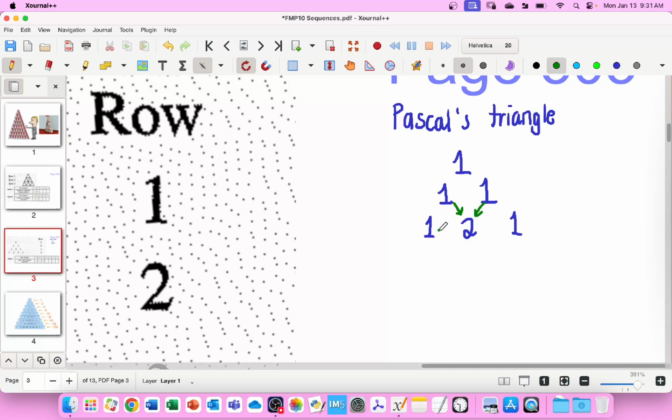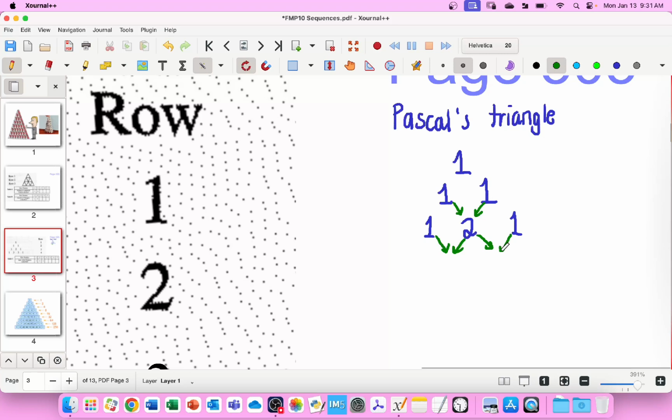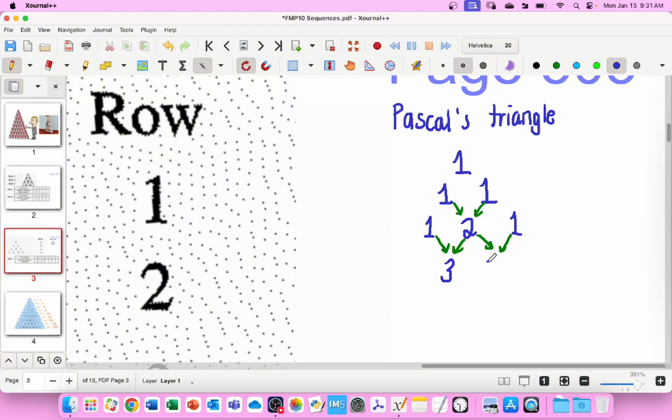To extend the triangle again, we ask, what's the sum of these two numbers? Well, 1 plus 2 is 3, and 2 plus 1 is 3. And then we always extend on the diagonal with the 1.